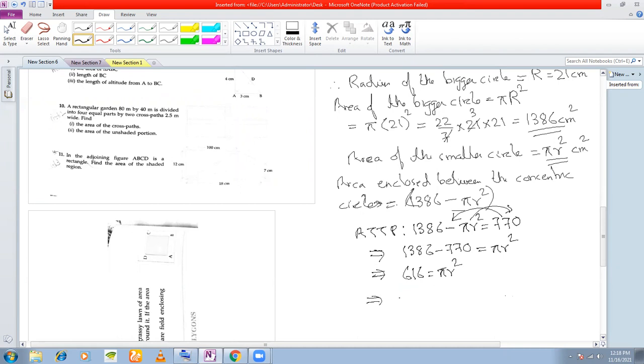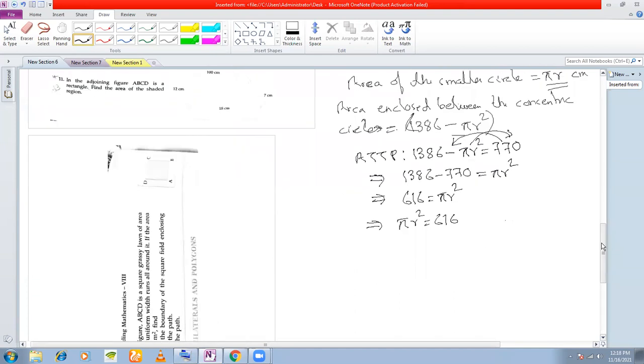That means pi r square is equal to 616. Now what is the value of pi here? Put the value of pi, 22/7, into r square equal to 616. Now you can cross multiply. 22 into r square is equal to 616 into 7.